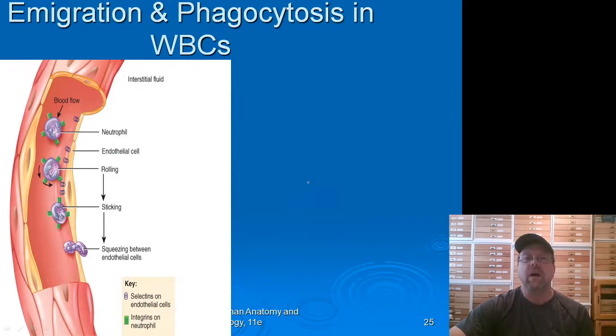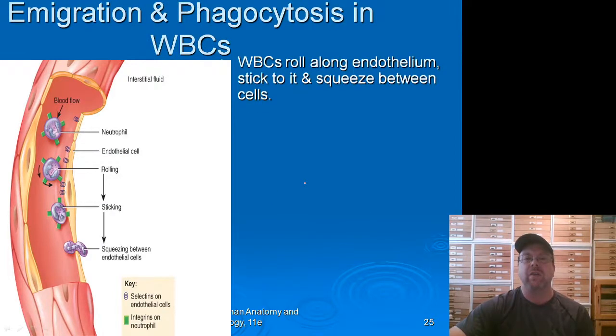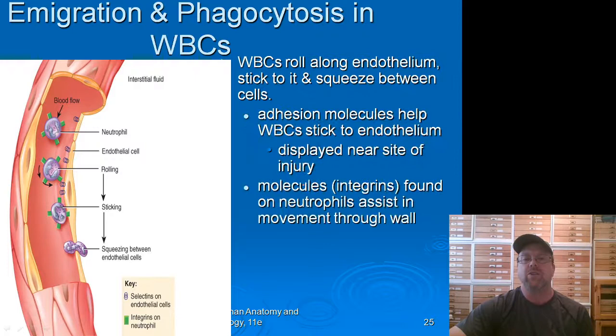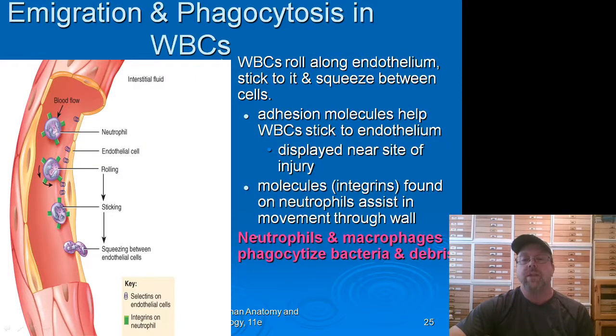Okay, so what these neutrophils and macrophages do is called emigration. I just want to show you this really quick. Neutrophils and macrophages phagocytize bacteria and debris. They move through the bloodstream to the site of infection, and then they emigrate. That's what this is showing us right here. So here you have a neutrophil or a macrophage tumbling along in the blood.